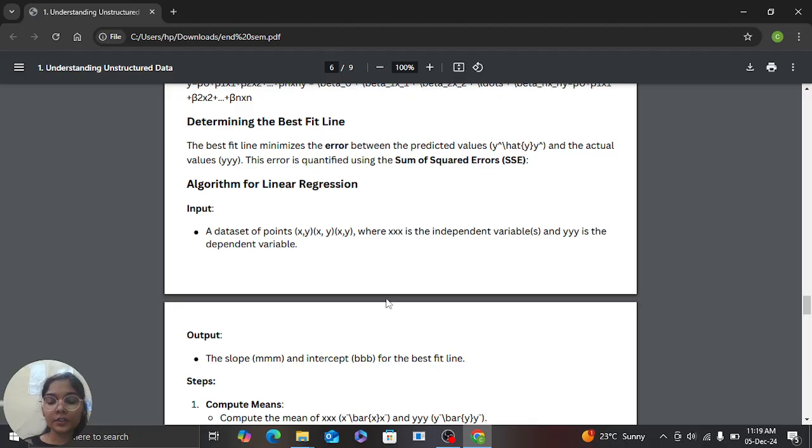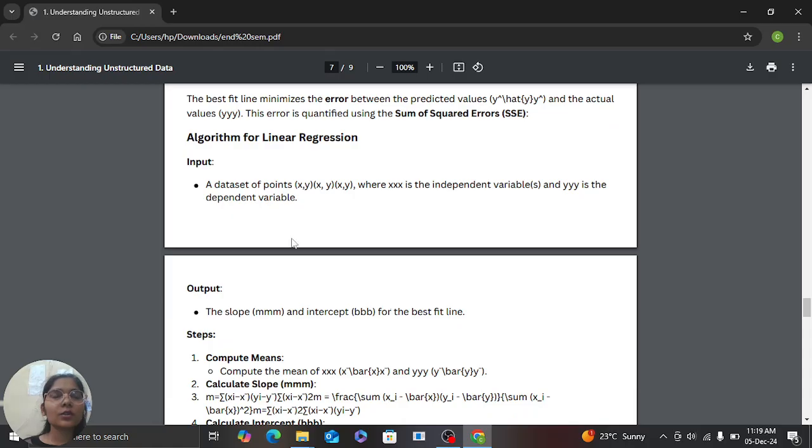Algorithm for linear regression. The first step is input. We need to input the data points, and in those data points, identify which is our independent variable and which is our dependent variable. After taking this input, the output we need to calculate is the slope m and the intercept for the best fit line.